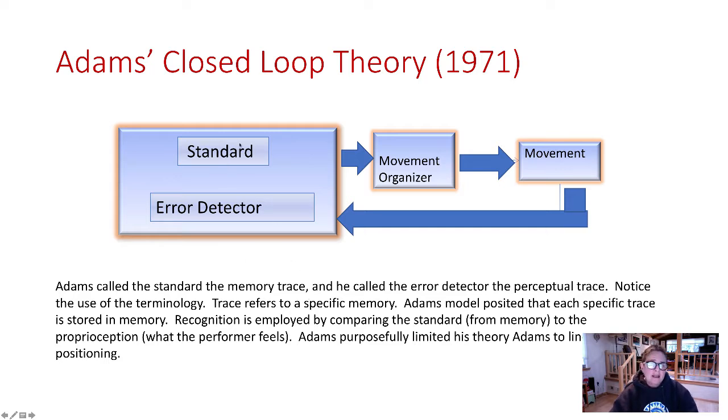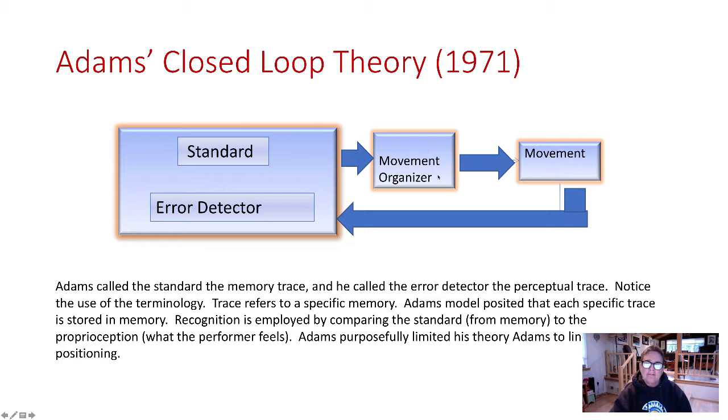Once you have a standard, that would basically be your motor plan. What do you intend to do? You send it out to what Adams called the movement organizer. That's where the motor program is organized. That represents the neuromuscular commands that are going to be sent from the brain to the musculature.